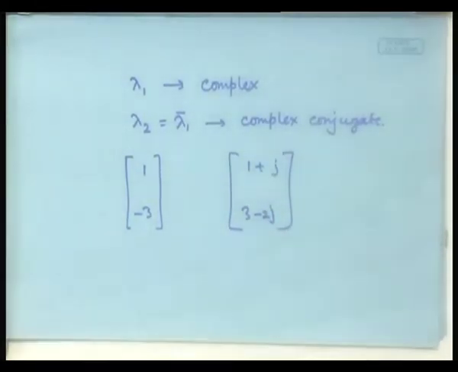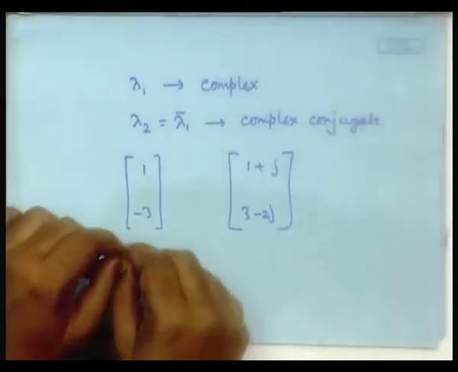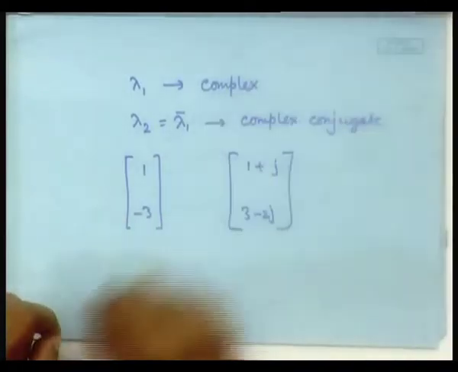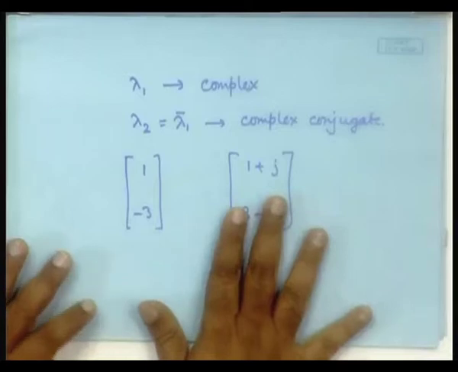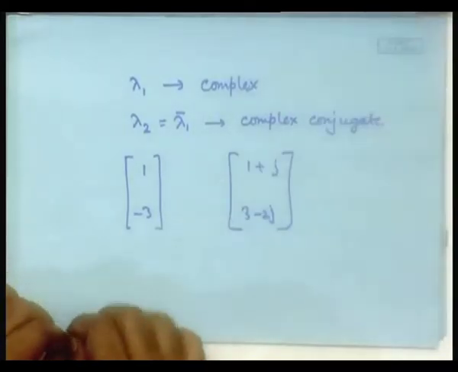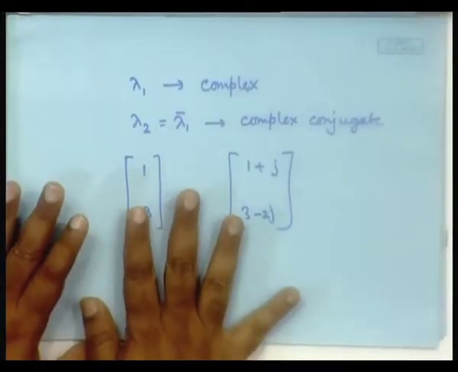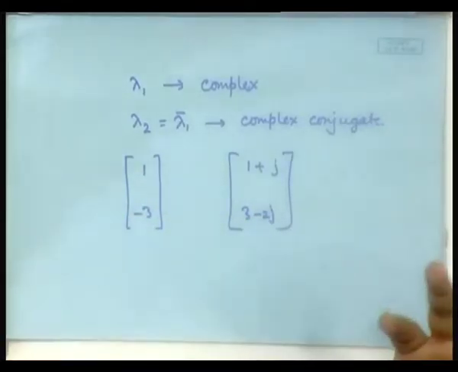But still the question remains, in a real valued space, I can draw the direction of the eigenvector. What is this? Obviously, this is not any real direction in the real valued state space. So, how do you visualize then?